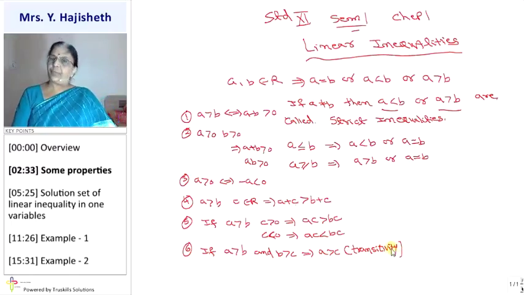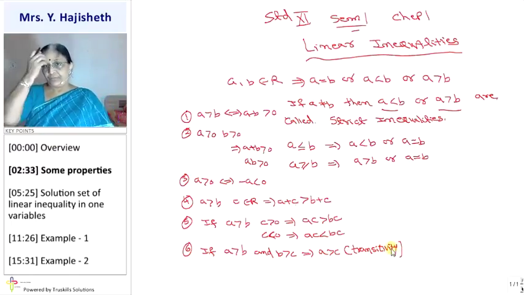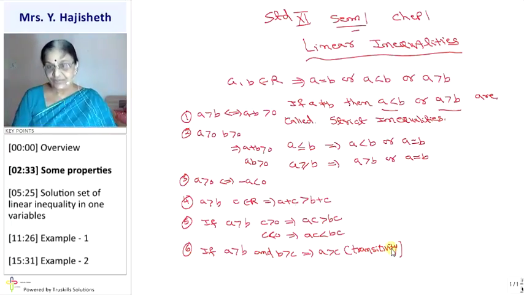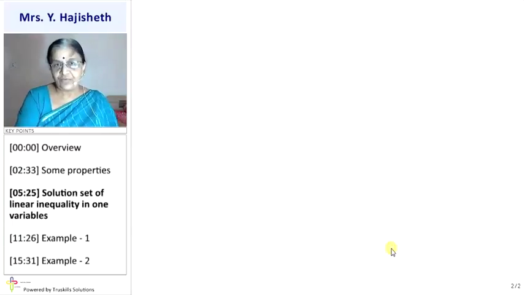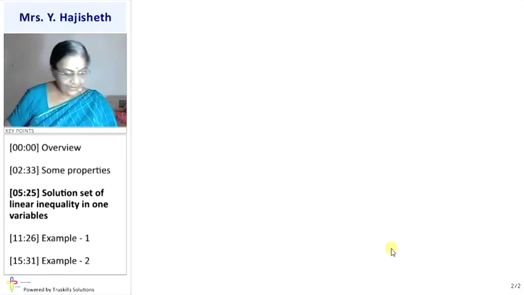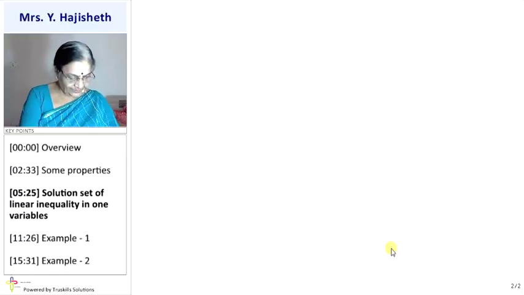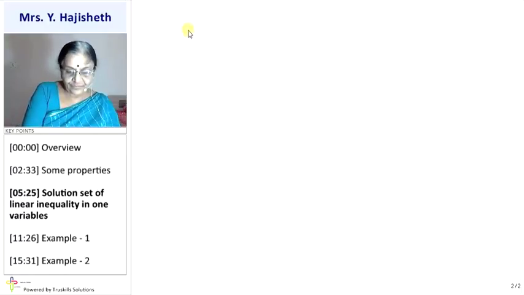All these properties you have learned in your 8th standard, right? And that we are going to use in 11th science also. Okay. Now, as we have inequality in real numbers, we are going to learn linear inequality in one variable.